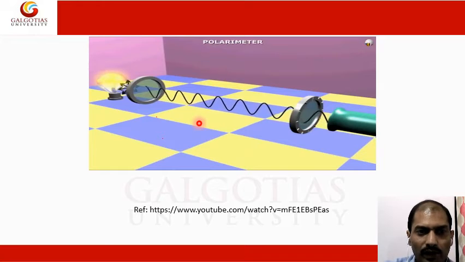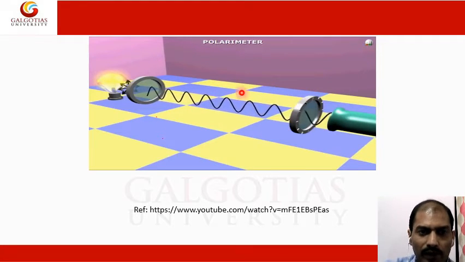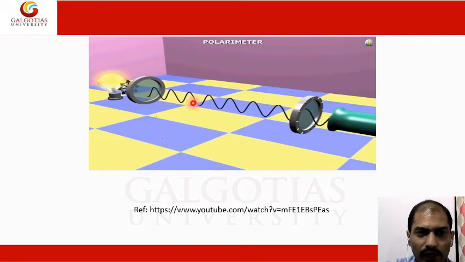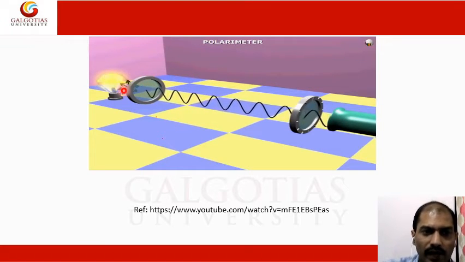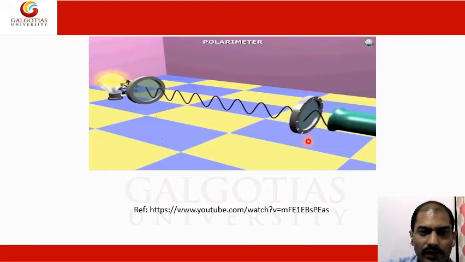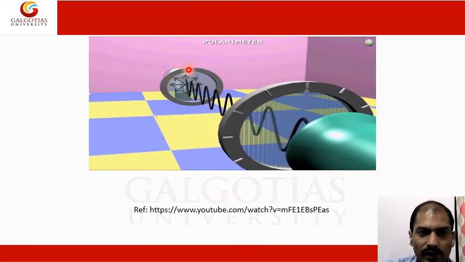But in the case of a bulb or any light source which releases light in all directions, the polarizer in a polarimeter polarizes the light towards one direction, and there are specific waves passing per second, with the distance being lambda, as you already know. So in the polarizer, this light is modulated and propagates towards one direction, which is called plane polarized light.